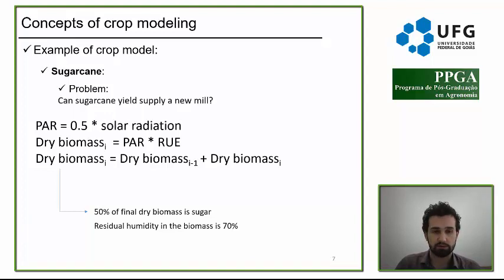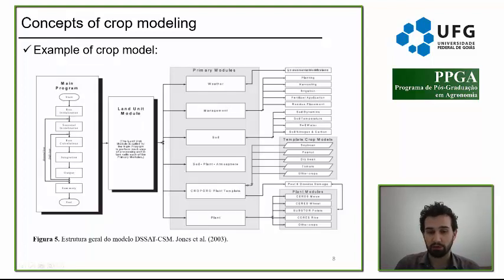And depending on the level of complexity of the model, you can have many equations that are interacting between them. Here we have a simple description of the DSSAT model that you are using in the next classes. We are studying specifically this crop model. They divide here into different modules.